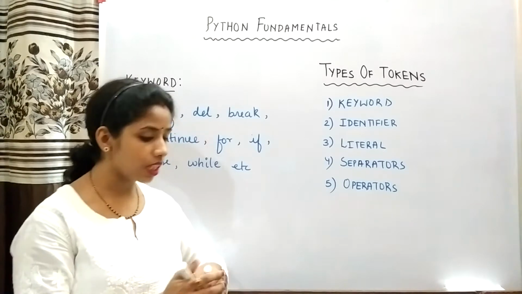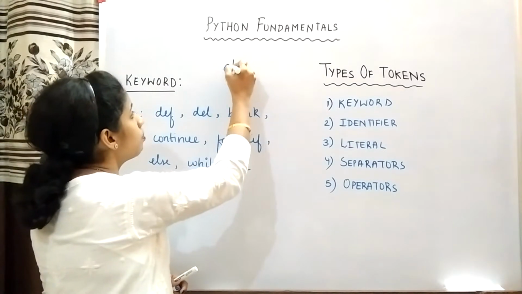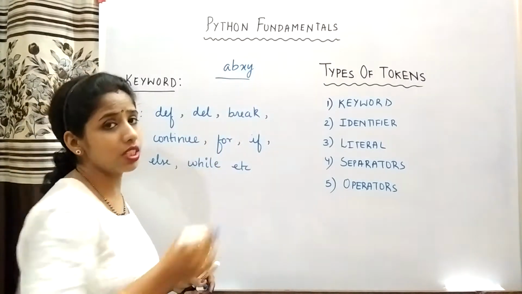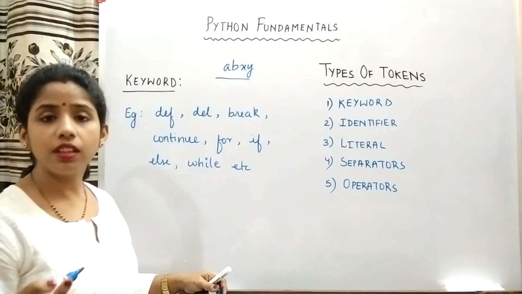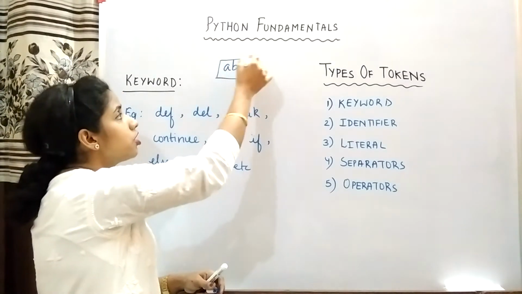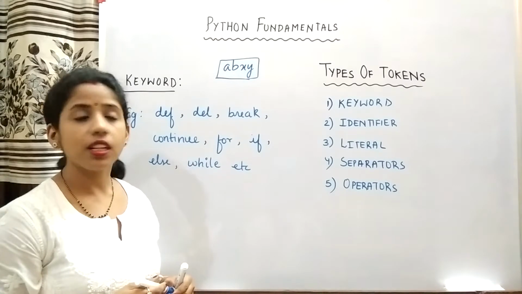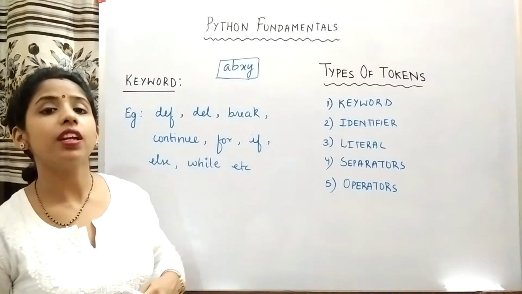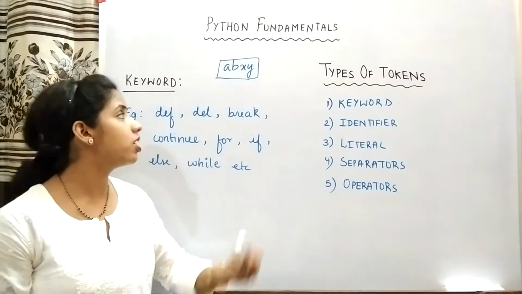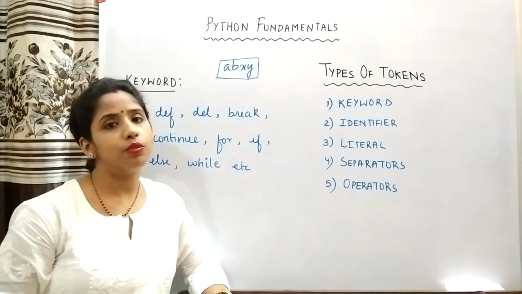No. If I simply say A, B, X, Y, this is also a word because it is a collection of alphabets, and according to that definition, it is a word. But does this word find any meaning in the English dictionary? No. So for English language, this is not a word.